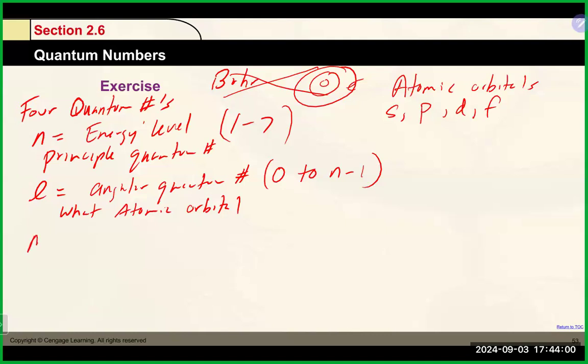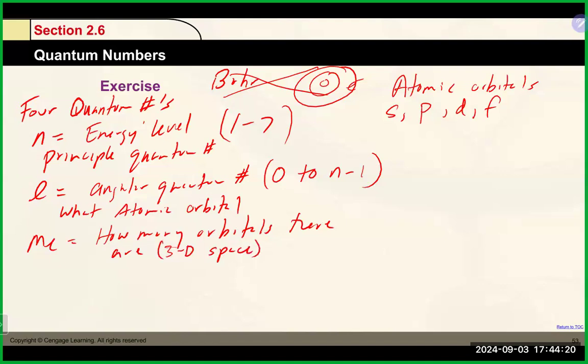We have m sub L, the magnetic quantum number, and that's how many orbitals there are. Really, it is the three-dimensional arrangement in space of those orbitals.